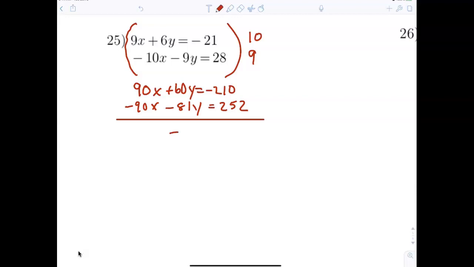Negative what? 80 minus 60 equals... So y equals negative 2.